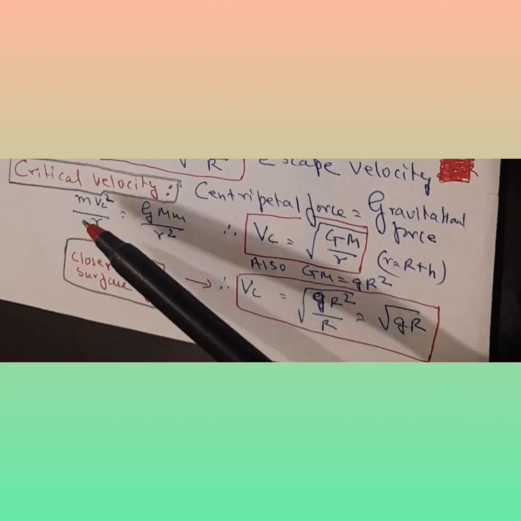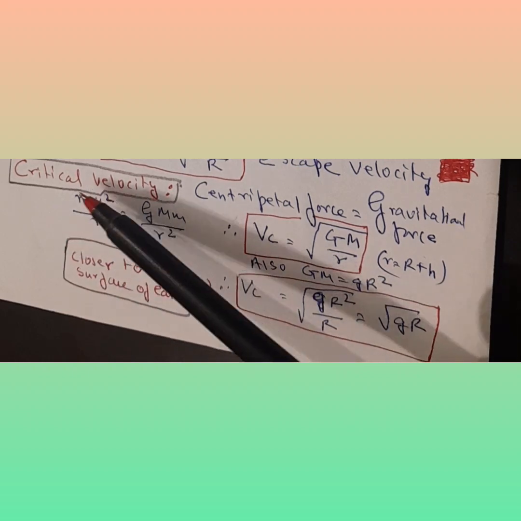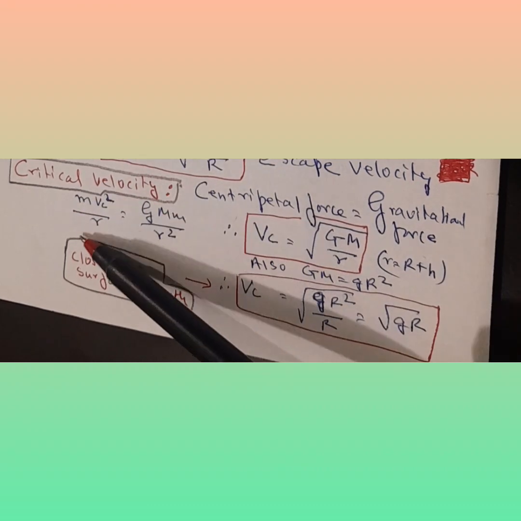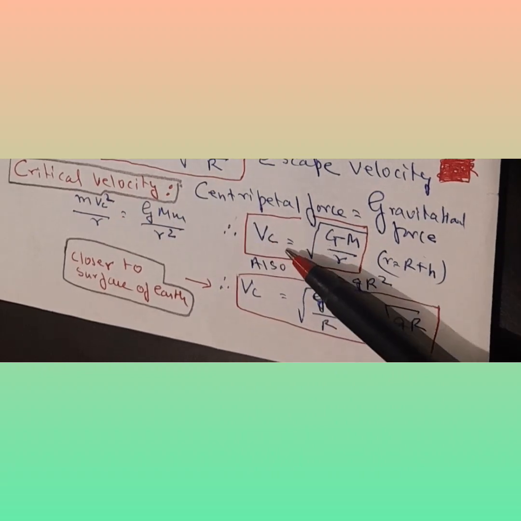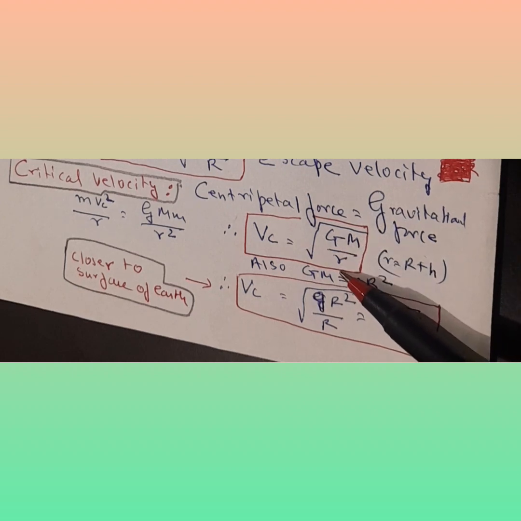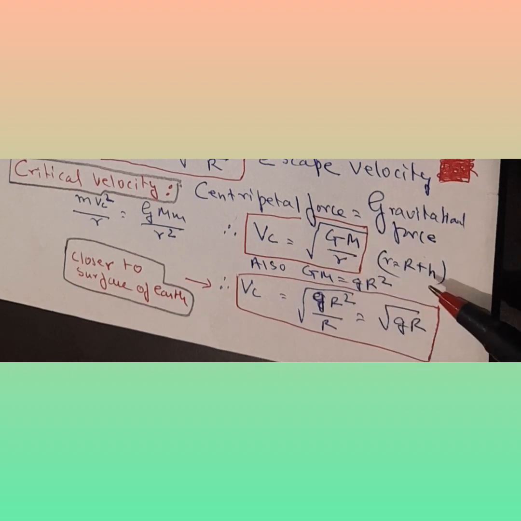Obviously, this r and one r gets cancelled, this m and this m gets cancelled, and what we are left with is GM upon r. On square rooting both the sides, we end up with Vc, that is critical velocity, equal to root GM upon r. Alright, where r is R plus h.